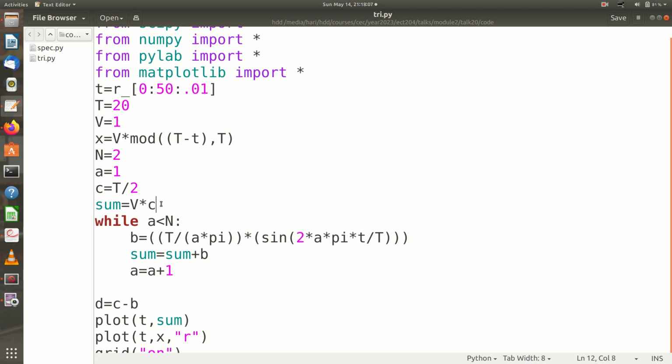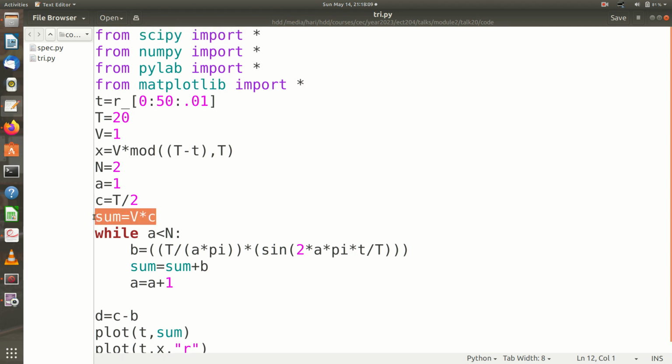Then while a is less than n, I compute b as T divided by aπ times sine of 2aπt by T. So this is my Fourier coefficient and this is a sine term there. Then the sum is added with this b, and every time a is incremented.